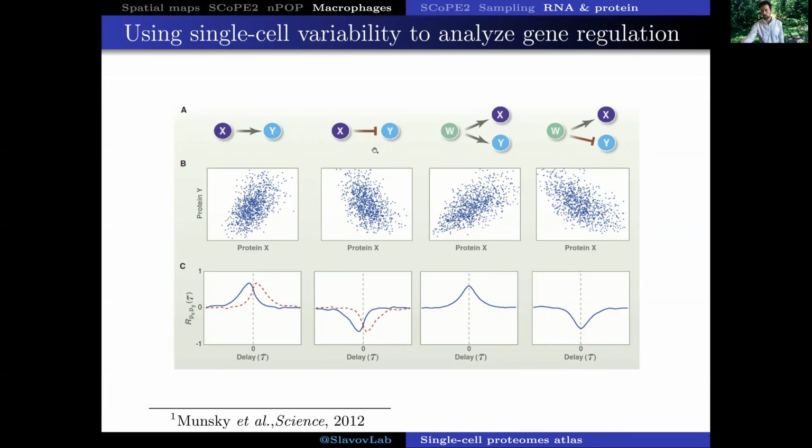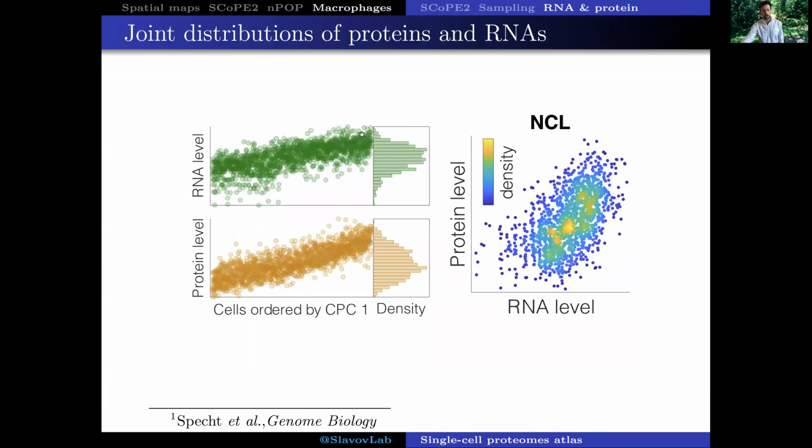So we wanted to try to perform this kind of analysis with our joint RNA and protein profiles of the same system. So we used common principal component analysis to order cells analyzed by RNA sequencing and mass spectrometry.